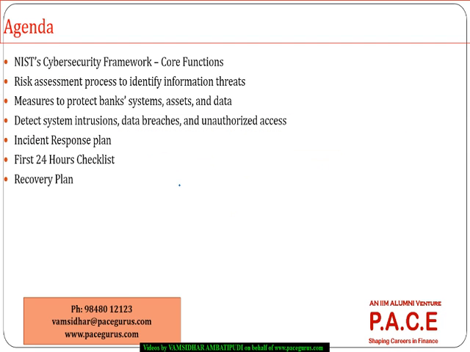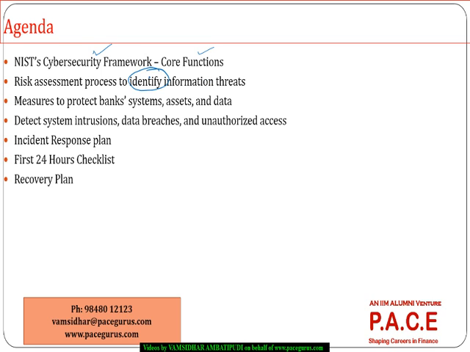As a part of this session, I want to look at the various functions, the important 5-step functions that go as a part of the cyber security framework, wherein we talk about identifying all the different kinds of information threats.